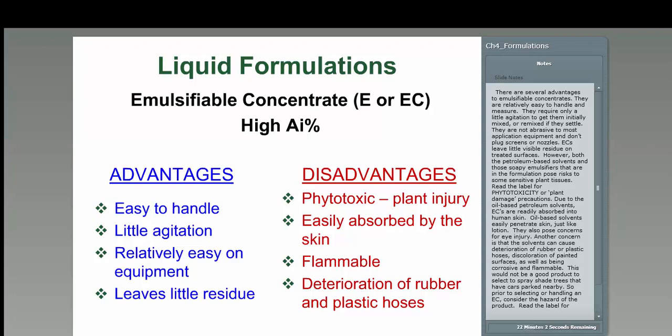This would not be a good product to select to spray shade trees that have cars parked nearby. So prior to selecting or handling an EC, consider the hazard of the product. Read the label for precautions for you and sensitive plants. Understand the impacts the solvent portion of the formulation has on equipment parts and painted surfaces.